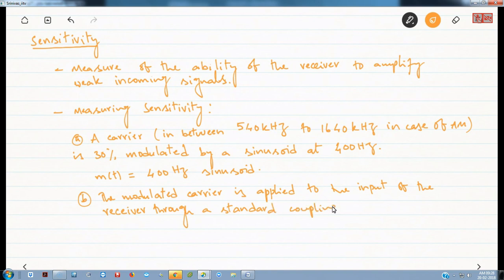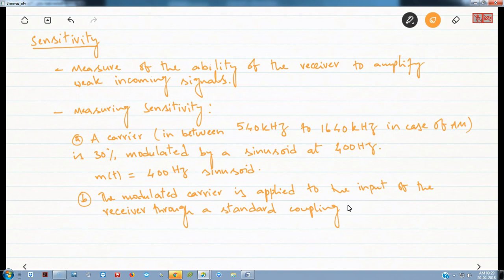Our purpose is not to test selectivity at this point, only the sensitivity.